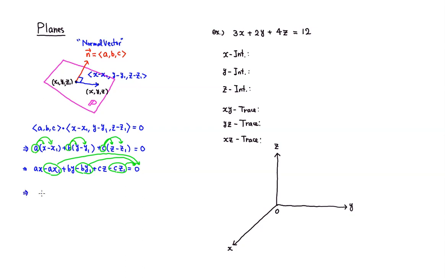Then what's left is ax plus by plus cz, and all three of those terms that used to be negative are now positive, so you have ax1 plus by1 plus cz1.